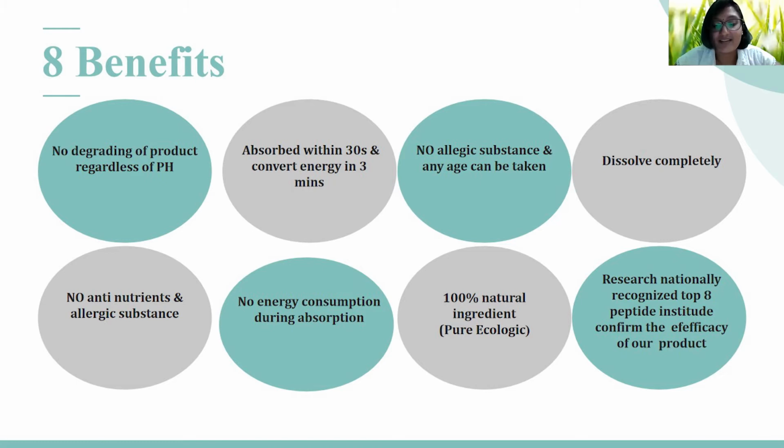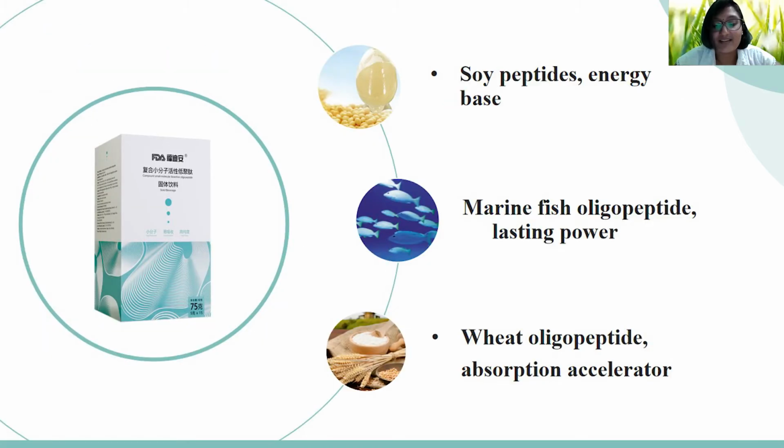It's because soy peptide powder has good water solubility, water holding capacity, foaming property, and completely dissolves under pH of 2 or 10, acid base. Now, marine fish oligopeptide is purified from sea fish. It helps to synthesize collagen in the human body.